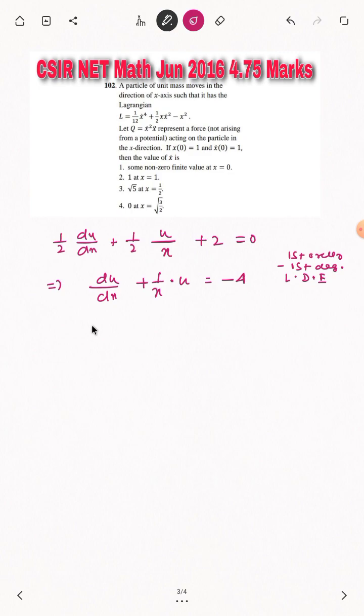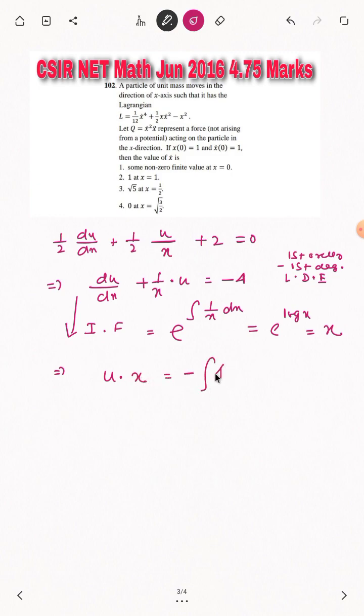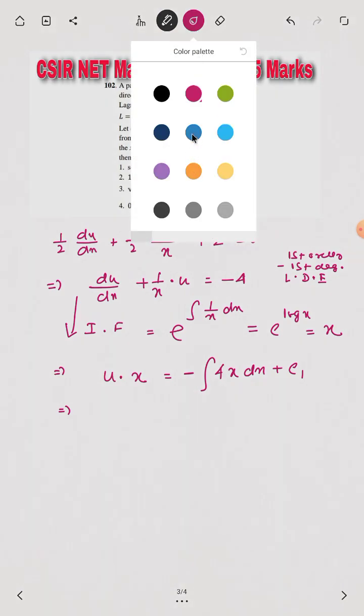Yes. Then what will be the integrating factor? Integrating factor will be e to the power integral 1 by x dx. That will be e to the power log x, and that will be x ultimately. So the solution of this equation will be u into that integrating factor x equal to integral of minus 4x dx plus c1. This c1 we have to calculate from the given conditions. These two conditions will help us. Let us see now how.